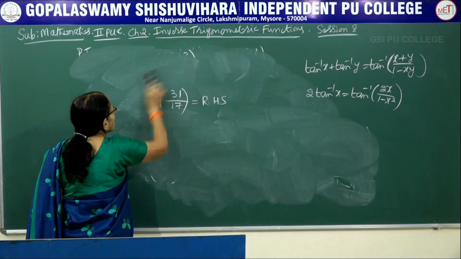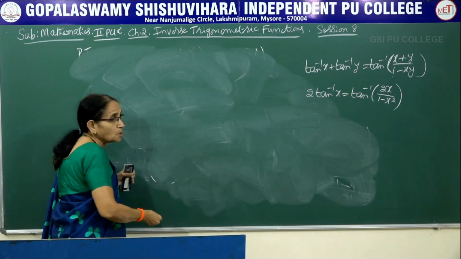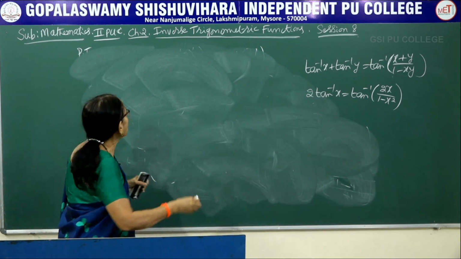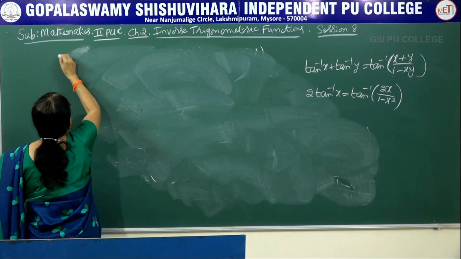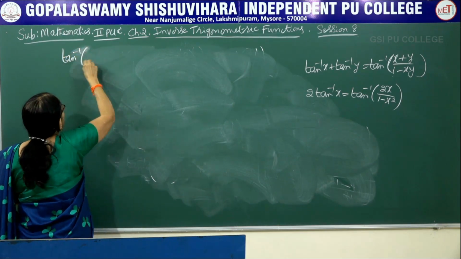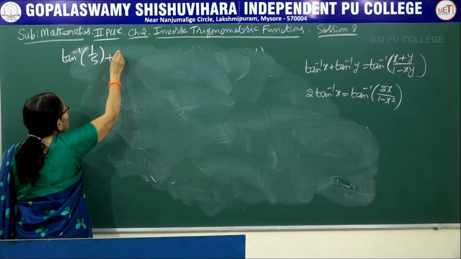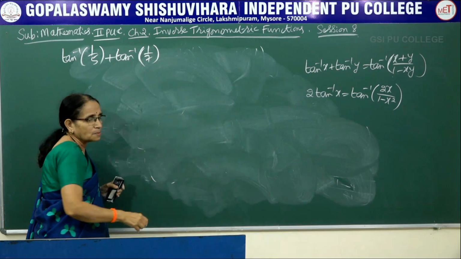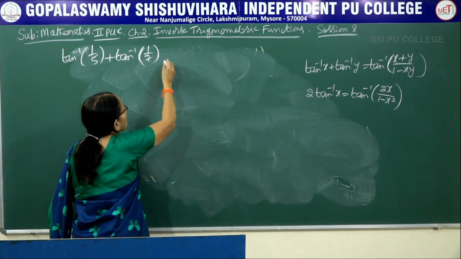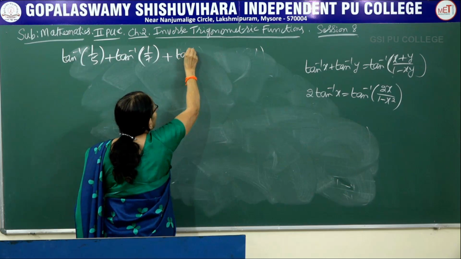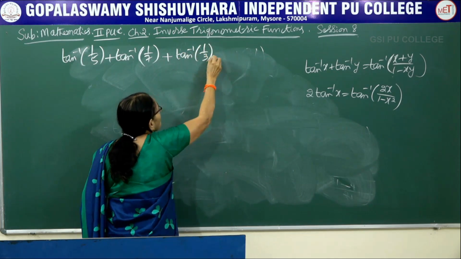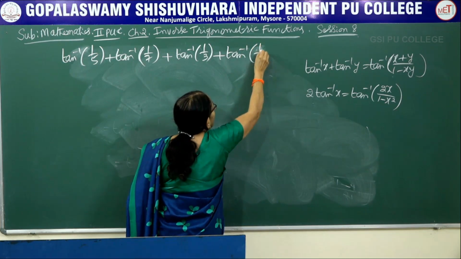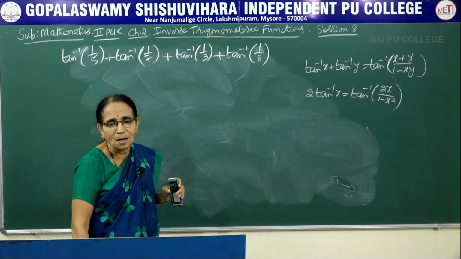That is, you have to prove this result: tan inverse of 1 by 5 plus tan inverse of 1 by 7 plus tan inverse of 1 by 3 plus tan inverse of 1 by 8. 4 terms are there on the left hand side.